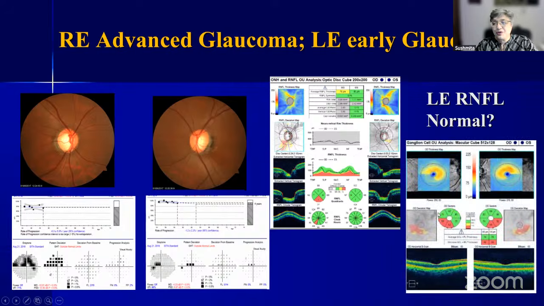Now, once you do the ganglion cell analysis, in this one, it's scary. The left eye is as likely to go into blindness as the right eye. So the ganglion cell of both are nearly the same.